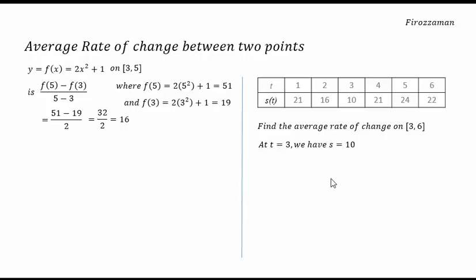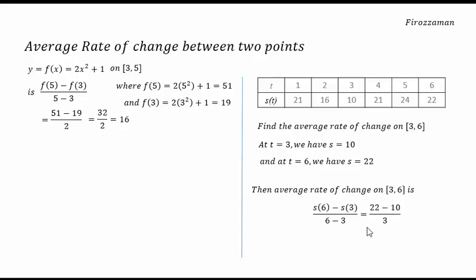Then you can write the formula here. At t = 3, S is 10, and at t = 6, S is 22. So the average rate of change on [3, 6] is this difference, (S(6) − S(3))/(6 − 3). We plug the values and simplify. So the final answer is 4.